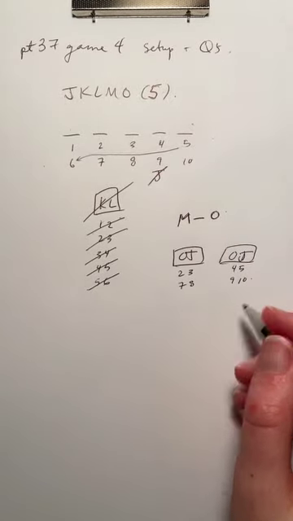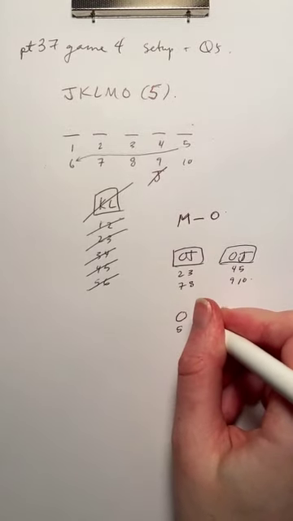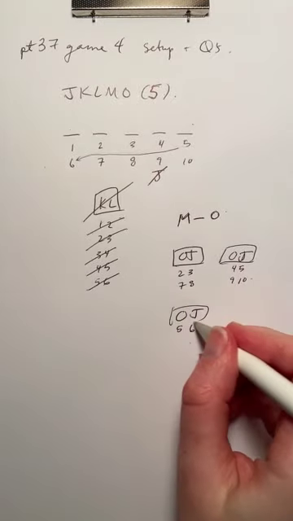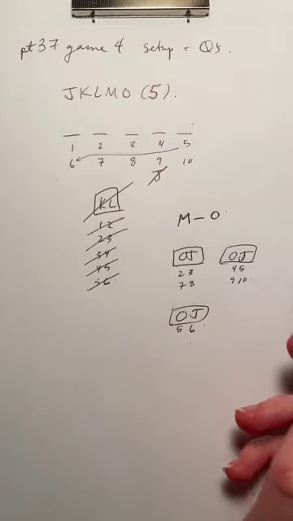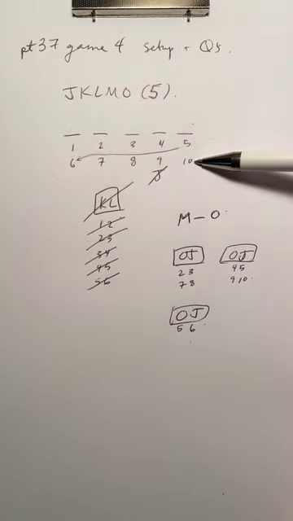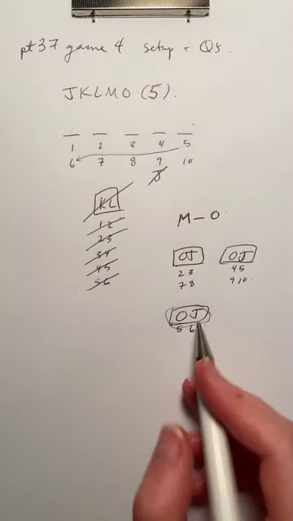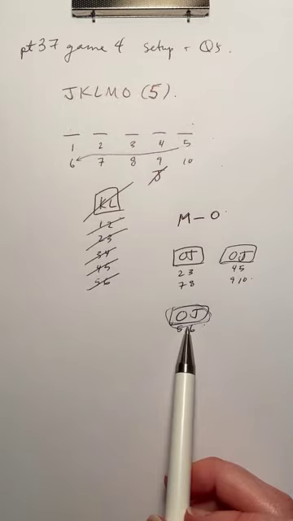We could also have O 5th and J 6th, right? But then J would also be 1st, and O would be 10th. So that's the situation where we would only have OJ in this orientation once. It wouldn't be more than that.